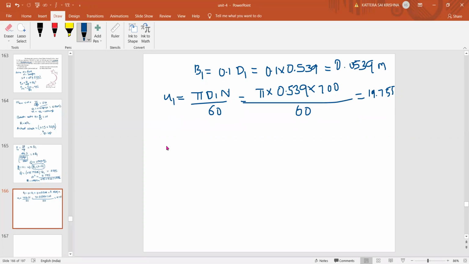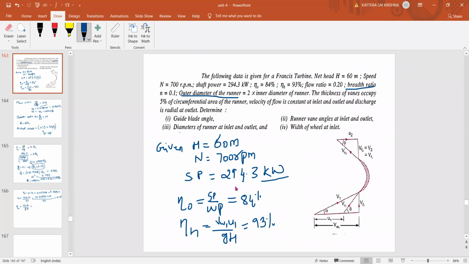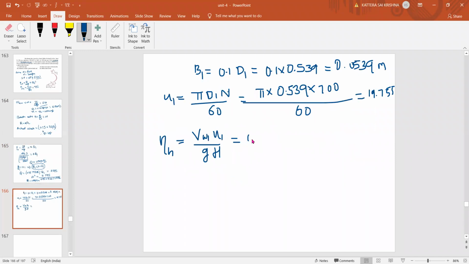So now I can find VW1 by using the hydraulic efficiency, that is VW1 U1 by g H. Since I have U1, I'm using this now, right? So what is the hydraulic efficiency given? 93, so 0.93, which is 93%.